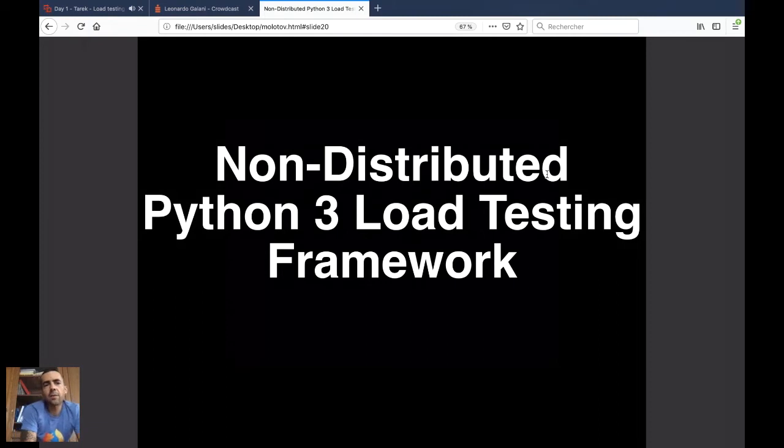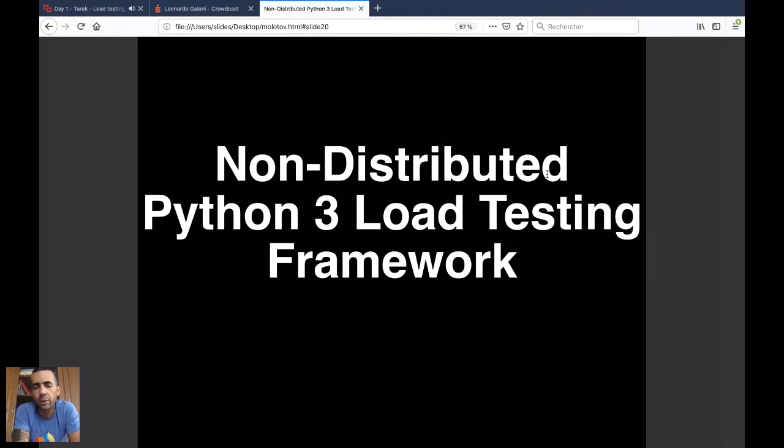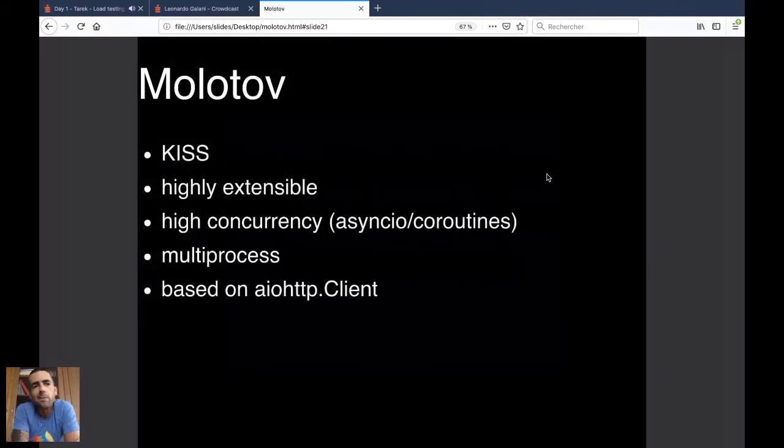So Molotov, like I said, is a tool you can use to write load tests on a single node. It's not distributed. It doesn't have any client-server interaction. It's just a Python script that is going to hammer a single endpoint for you. It's a very, very simple framework.